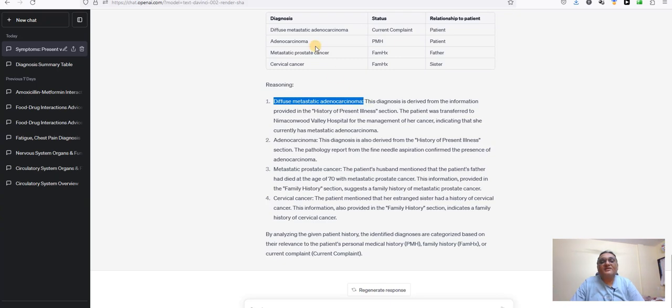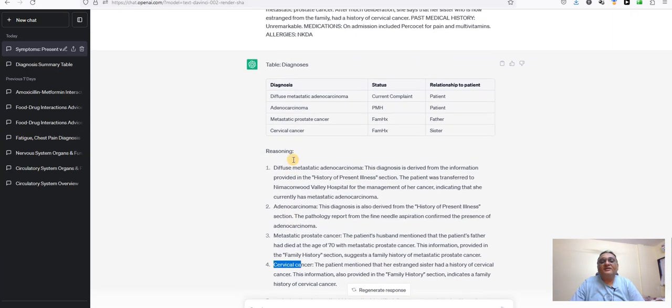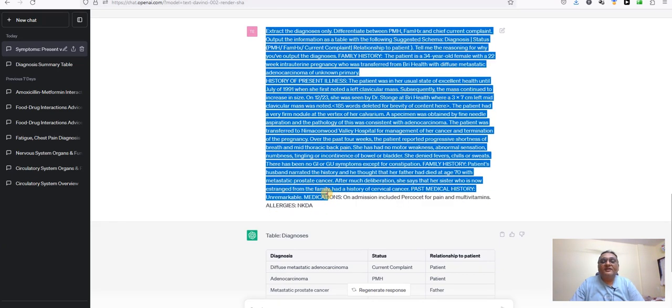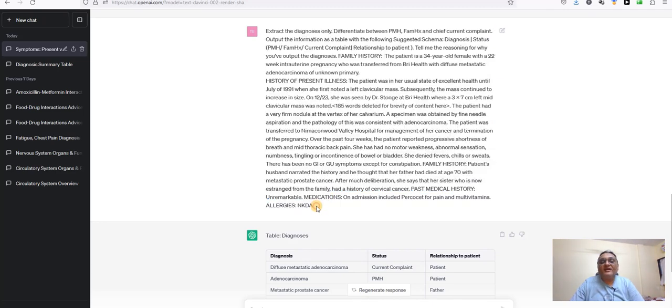The first diagnosis is diffuse metastatic adenocarcinoma, then it gives a reason for that. The second diagnosis is adenocarcinoma, it gives a reason for that, and so on. So this is again saying that ChatGPT can easily work, maybe not replacing the medical assistant.